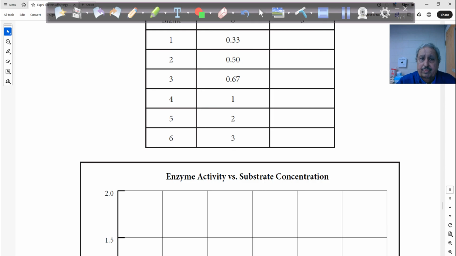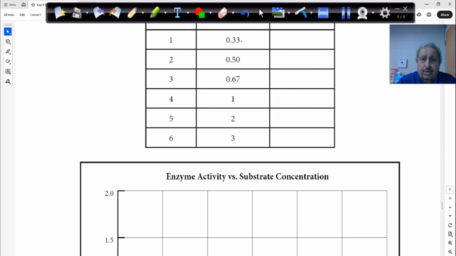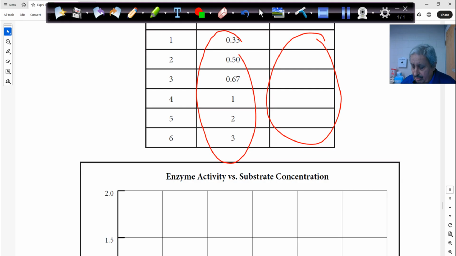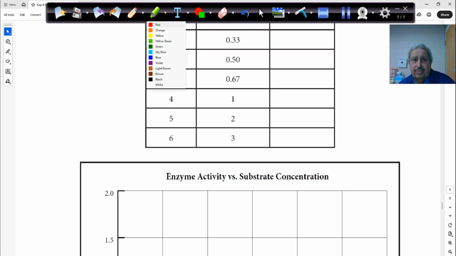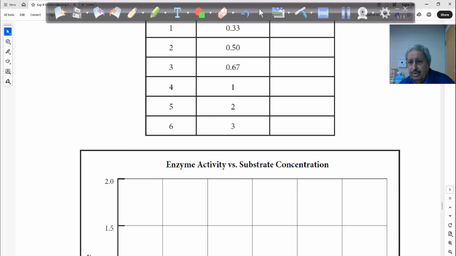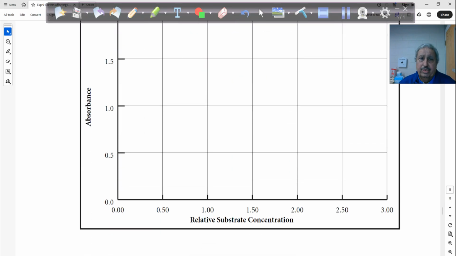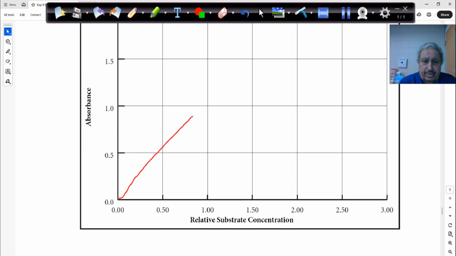And what you will see here, this column here, plot this column against this column here, correct? Concentration versus absorbance. And what you will see, as we have seen, is the relationship we have talked about: increase, and then start leveling off.